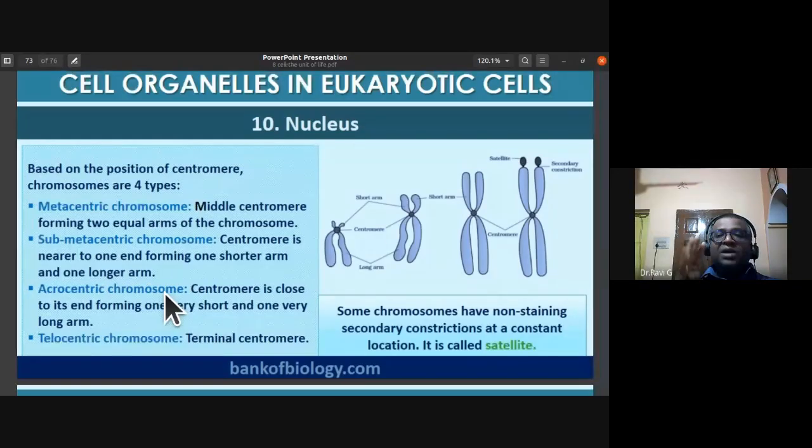You can remember it as MSAT: metacentric chromosome, submetacentric chromosome, acrocentric chromosome, telocentric chromosome. So these are the four types of chromosomes that you have.